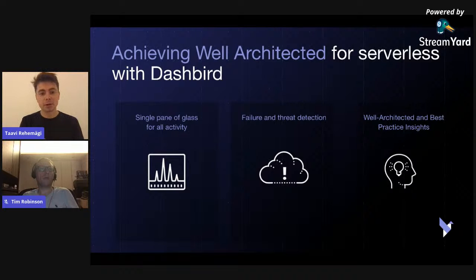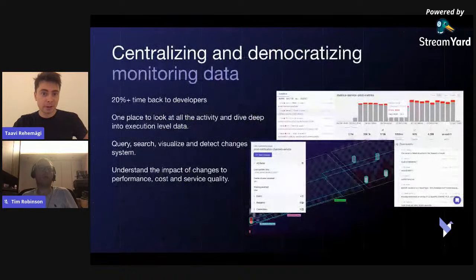We were looking at all of the different data points we have for a system and thinking, hey, we can do a lot more abstraction and automation on top of the data that we currently have. And so we started doing checks and recommendations on how to improve your serverless infrastructure.